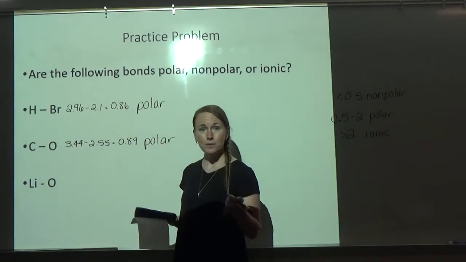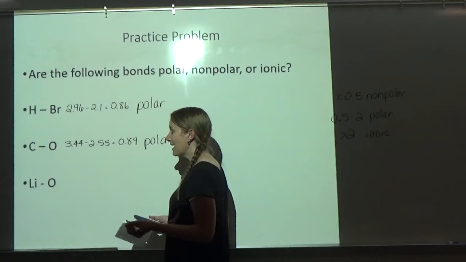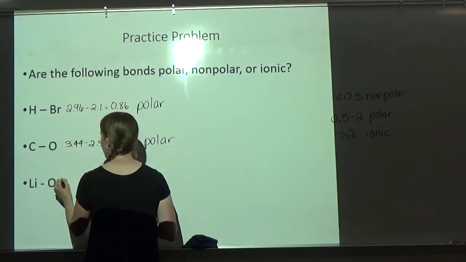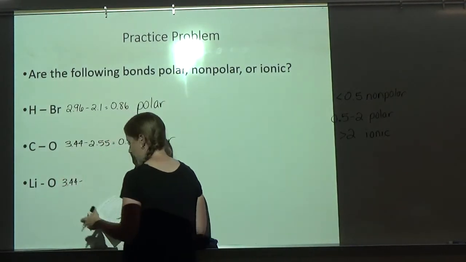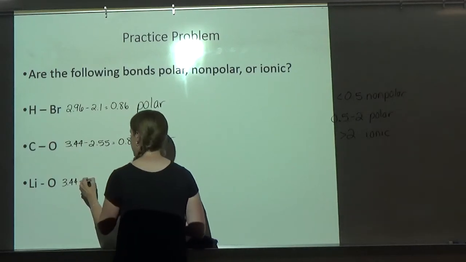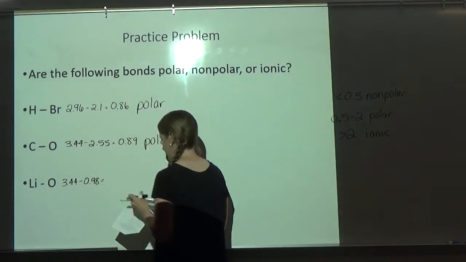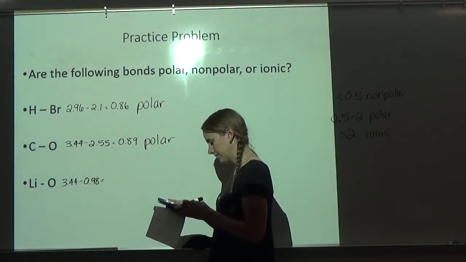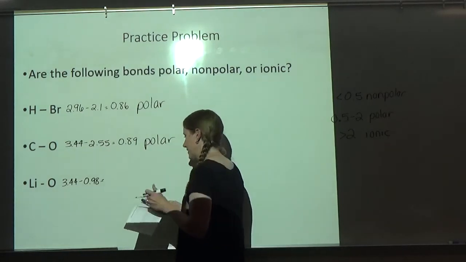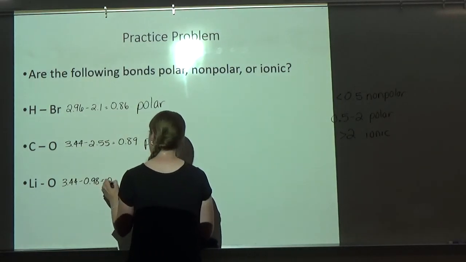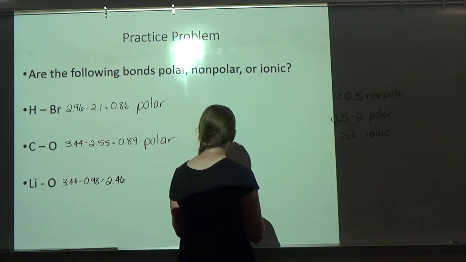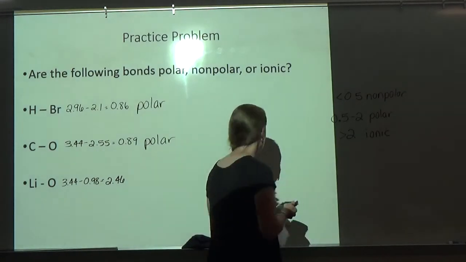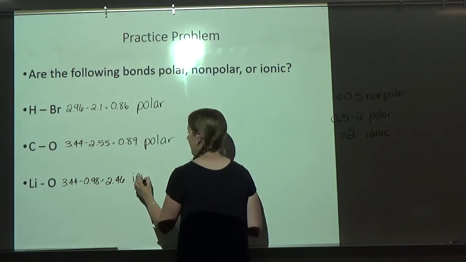Hopefully you got that one right too. Last one, we have Li and O. O again is 3.44, Li is 0.98. Once I subtract, I get 2.46. Since that number is greater than 2, it is going to be ionic.